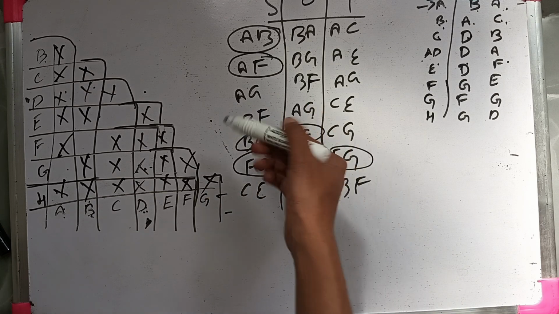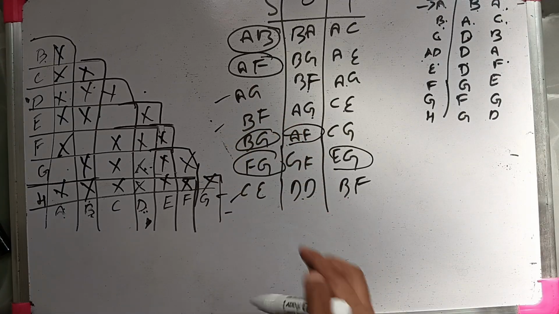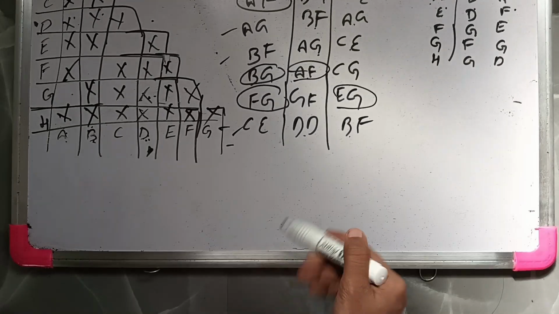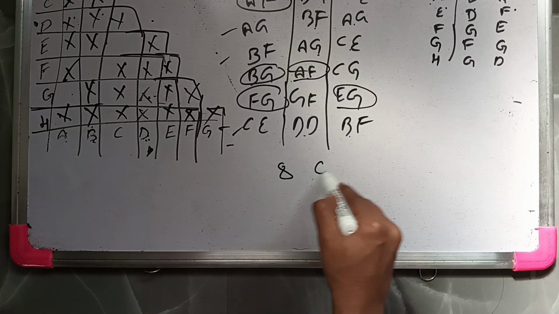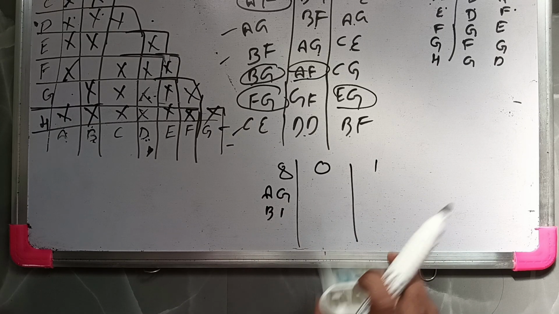So this is the table. And next, what is remaining? AG, BF, CE. Write again in the next step, okay. We need to rewrite again 0, 1, and the remaining is now AG, BF.